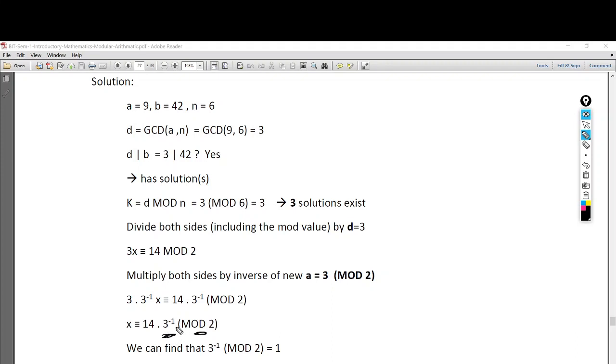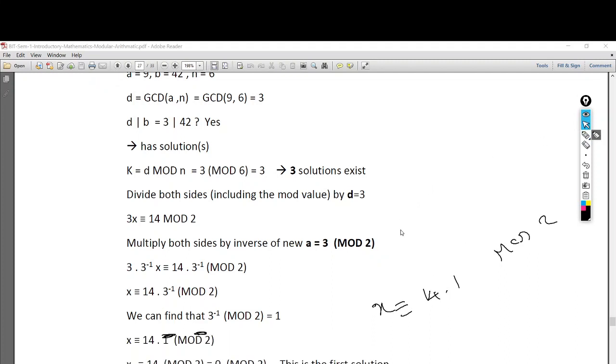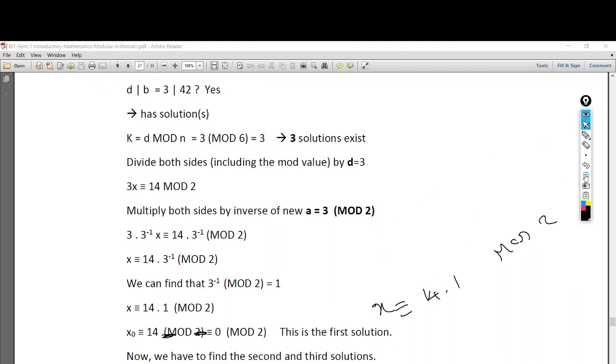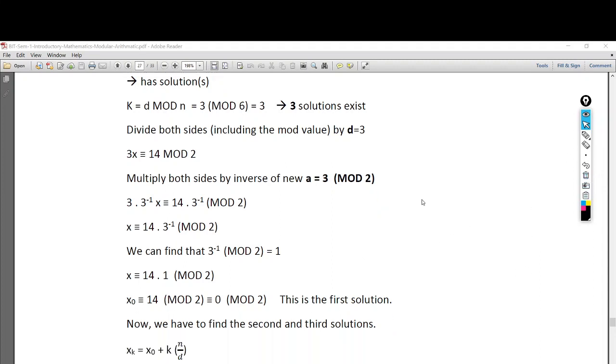So x is congruent to 14 times 1 in mod 2, that is 14. Now 14 is bigger than 2, so you have to reduce it. Since 14 is divisible by 2, that value is 0. So now we got the x naught value as 0.